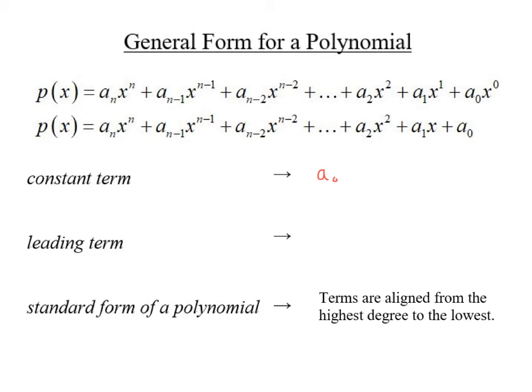Now, the leading term, that is always the highest degree term, okay? A lot of times that's the term we write first, but it doesn't have to be, but it is the highest degree term. Okay, so in our general example, it would be a sub n times x to the nth power.